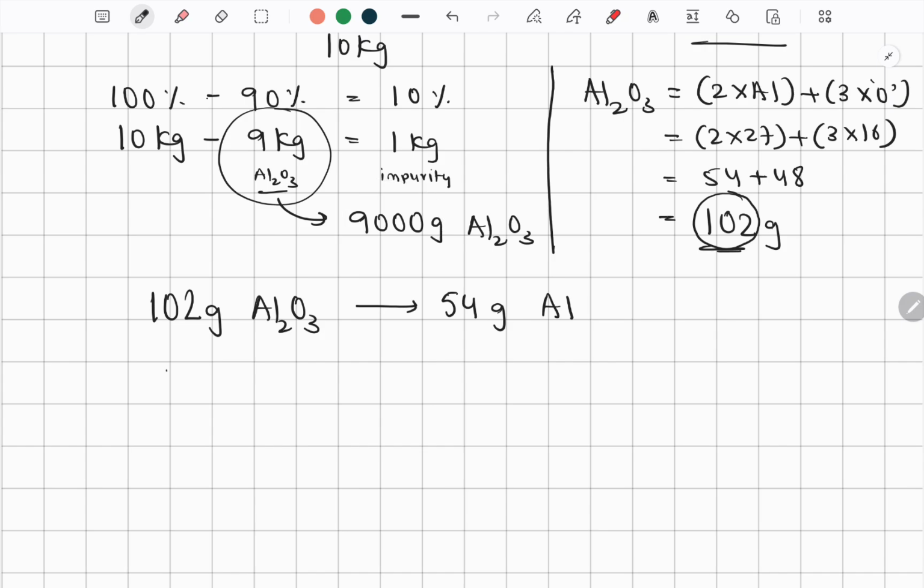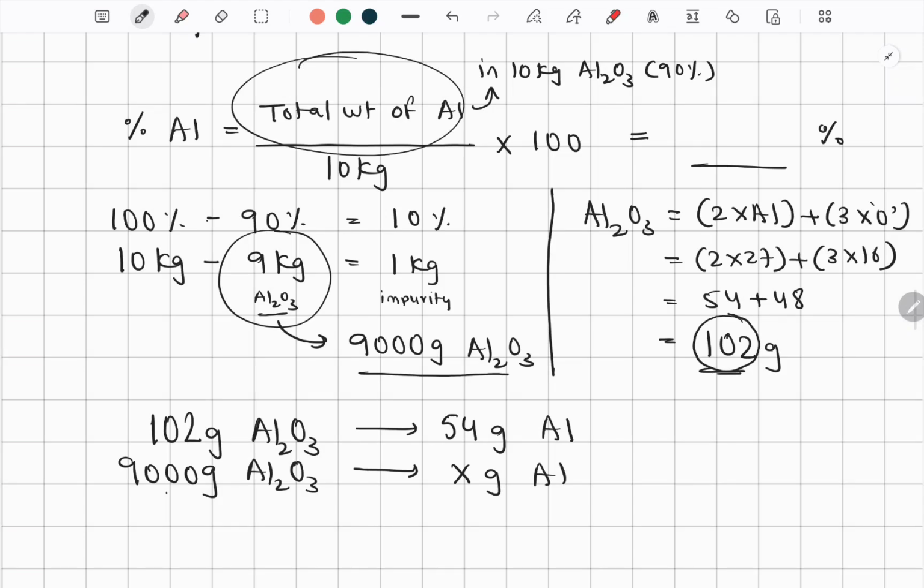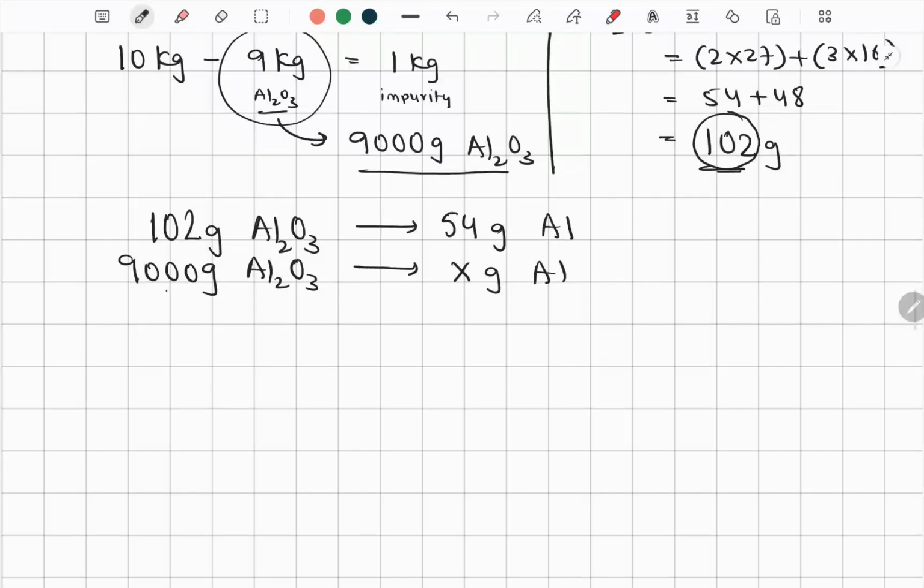So if out of 102, 54 grams is my aluminium, then I have 9000 gram of pure Al2O3 out of 10 kg. So 9000 gram of Al2O3 has X gram of aluminium in it. What are we trying to do? We are trying to calculate the total weight of aluminium present in this 10 kg of Al2O3. So let's find the value of X. X would be equal to 54 into 9000 divided by 102.